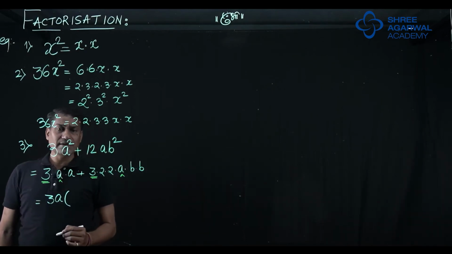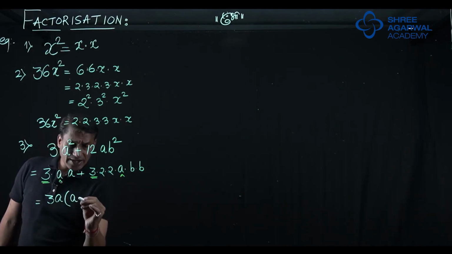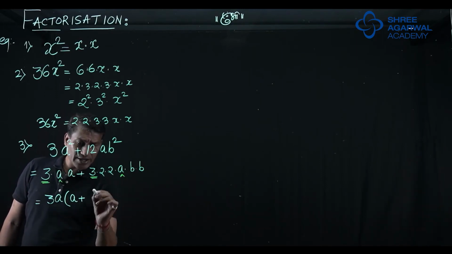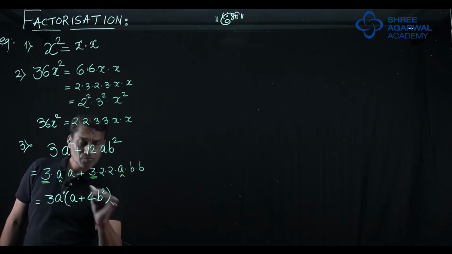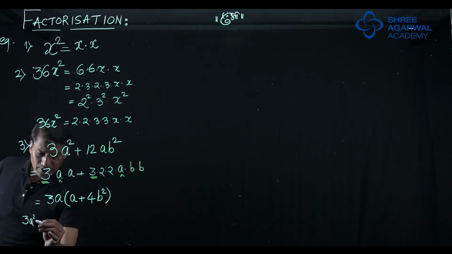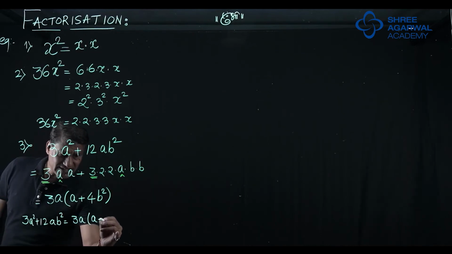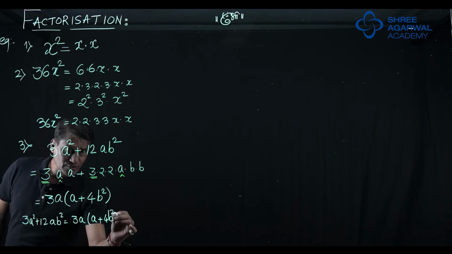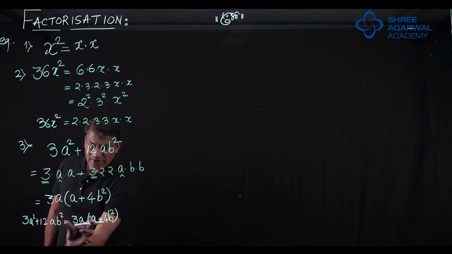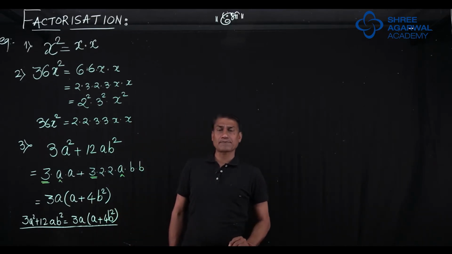Let us go inside and see what remains. From the first term, 3a gone, only a remained, plus from the second term, 3 gone, a gone, 2 twos are 4, b square. So, the factorization of 3a square plus 12ab square is 3a as the first factor and the second factor is a plus 4b square. If you multiply these two factors, you will get the original two terms. This is how factorization of binomials can be done.